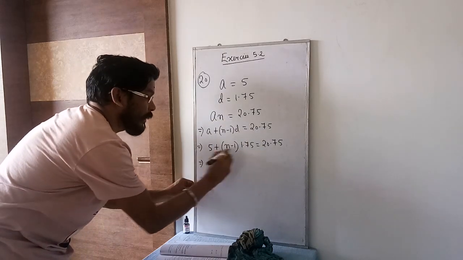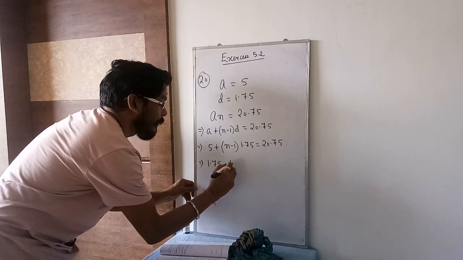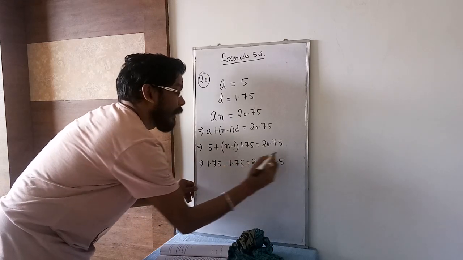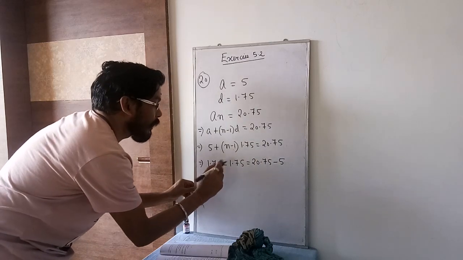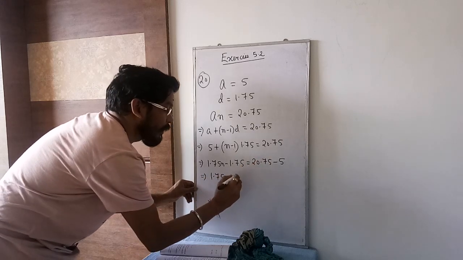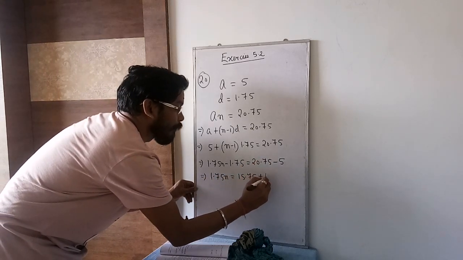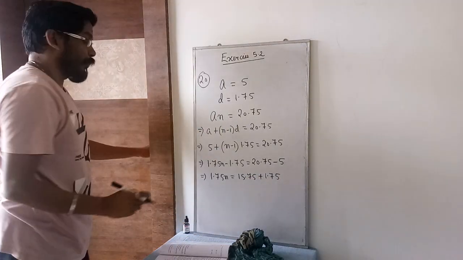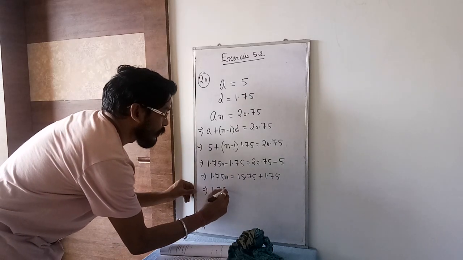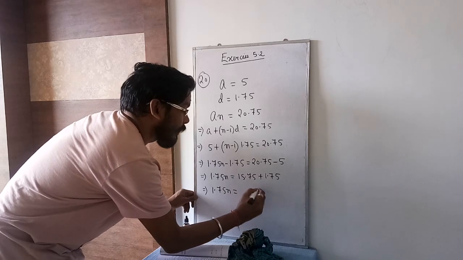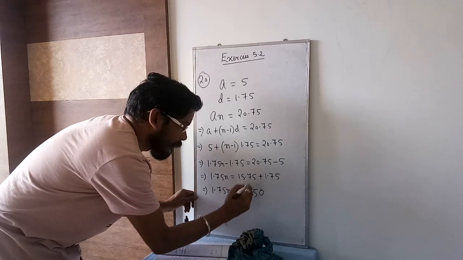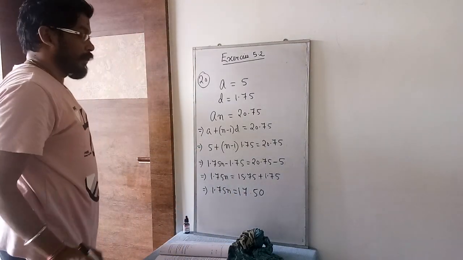So 5 I will take on the other side and remove this bracket: 1.75N minus 1.75 equals 20.75 minus 5. Let me keep N on one side. Here it will be 15.75, plus 1.75 goes on the other side and becomes plus. So it is 1.75N equals 17.50. Take the screenshot.